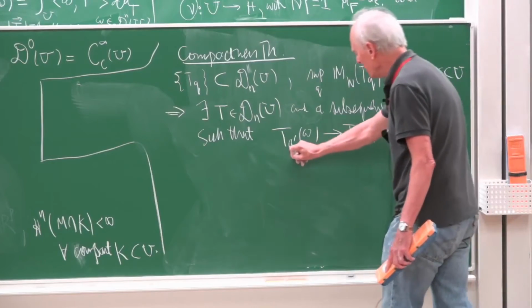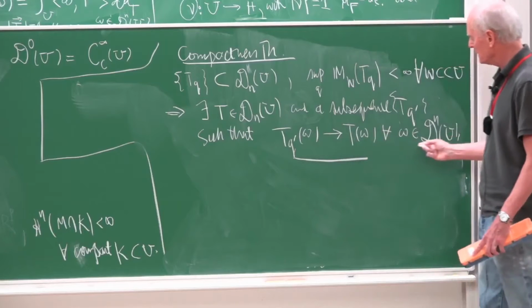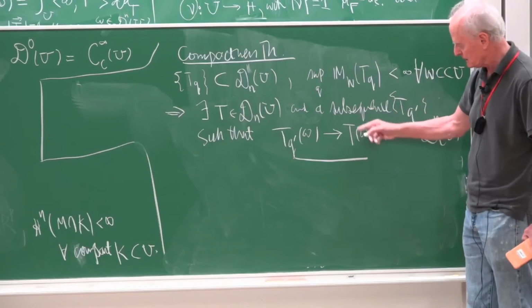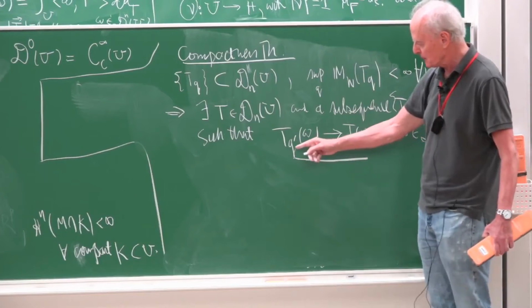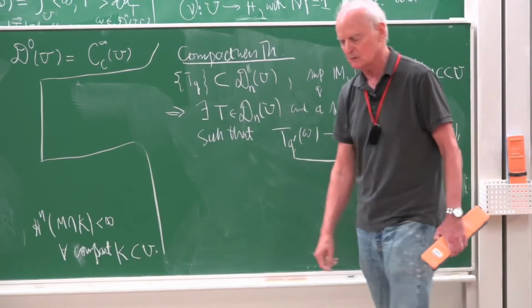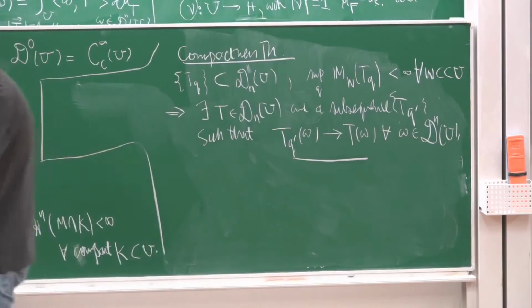So in this weak sense, there is always a limiting current with the property that T_Q converges to it. We'll talk about that after the break. Let's take a 10-minute break.